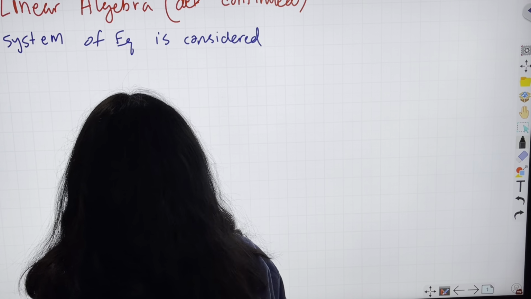Okay, so it's consistent if it has one solution or an infinite number of solutions, so at least one solution, so it's not no solutions, and it's inconsistent if it's no solutions.